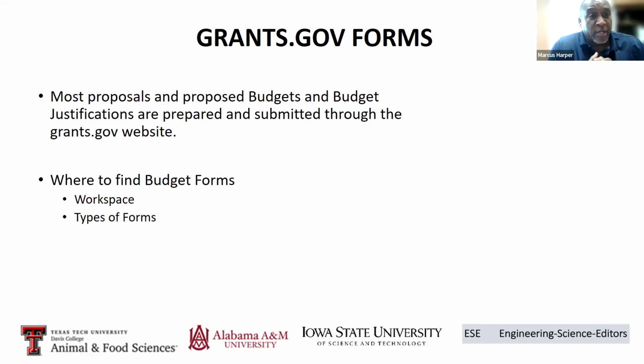The way they do it is you have a workspace that they assign or that you open up. You have a user ID and you create a workspace, and you will see in this workspace you have the different budget forms. There are different types. Okay, next slide.